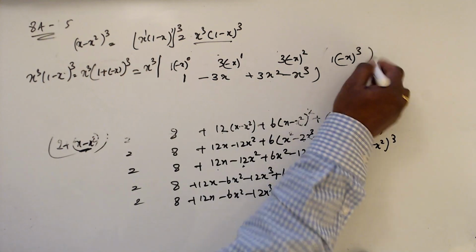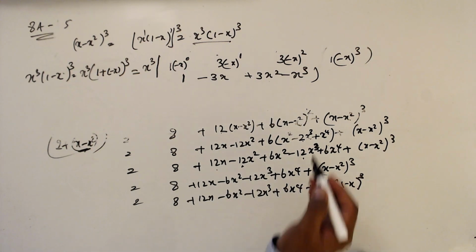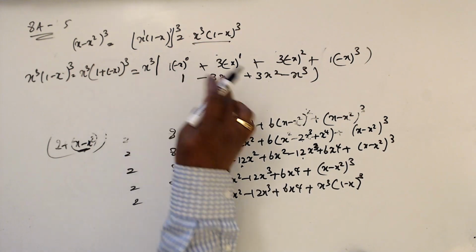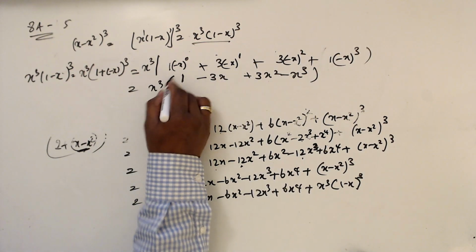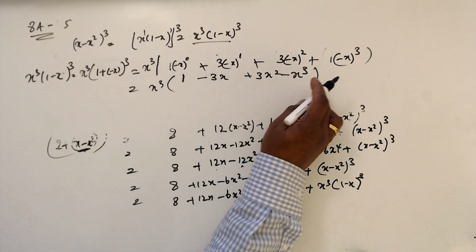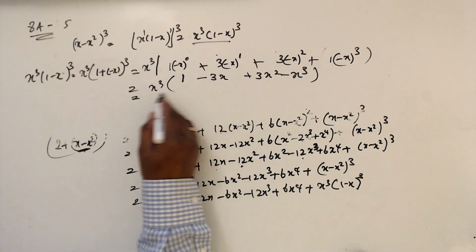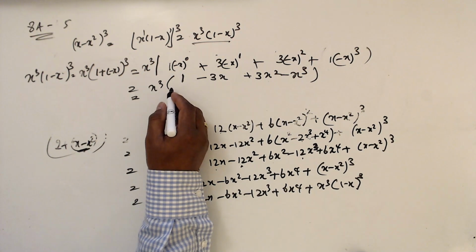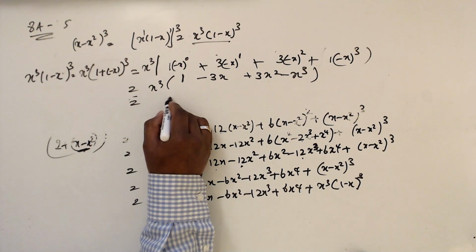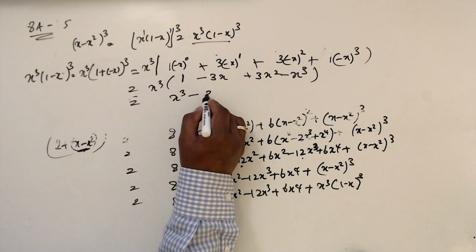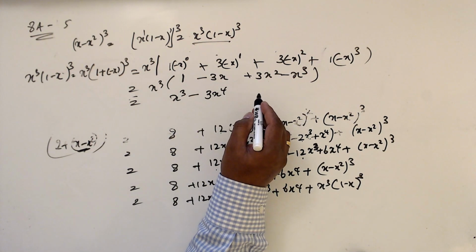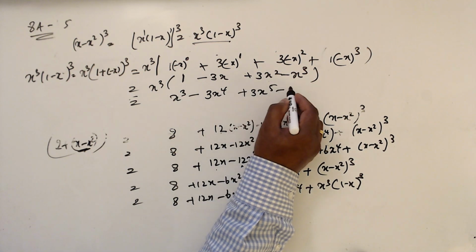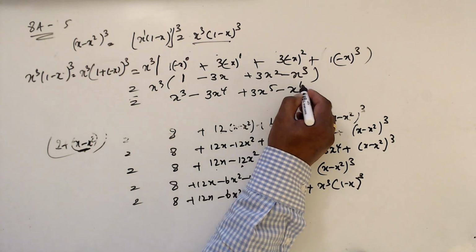Now finally we come to the final answer, x cubed times this one: 1 minus 3x plus 3x square minus x cubed. Now we'll multiply by x cubed: x cubed minus 3x4 plus 3x5 minus x6.